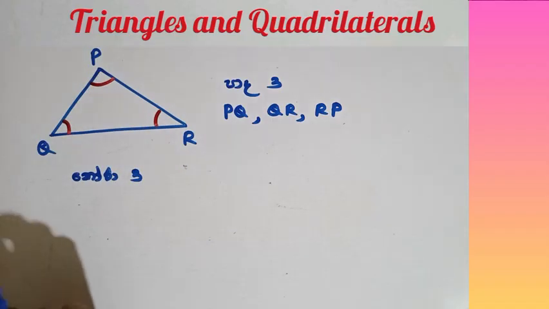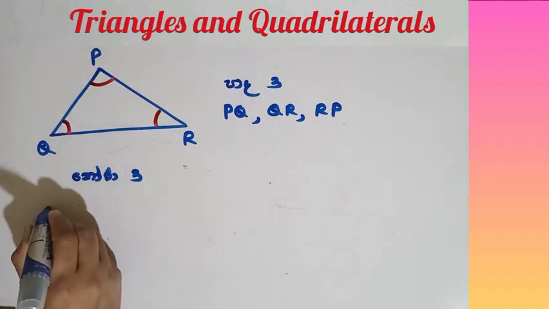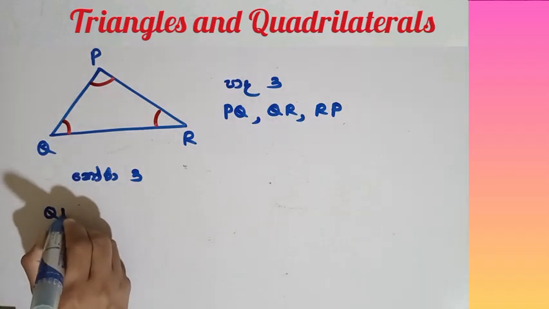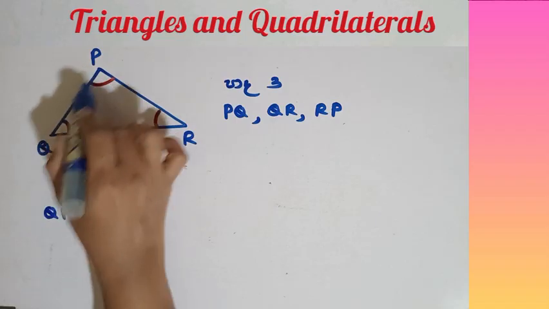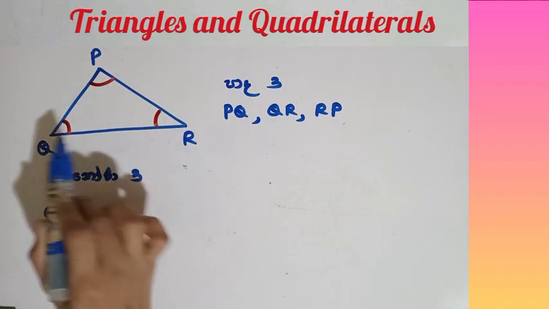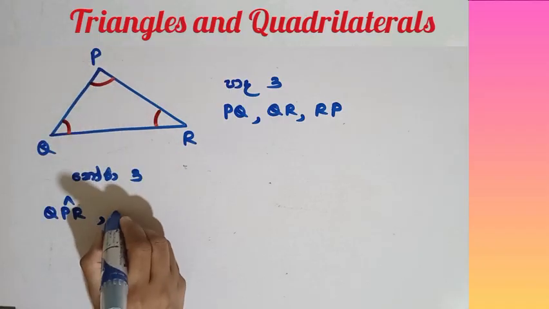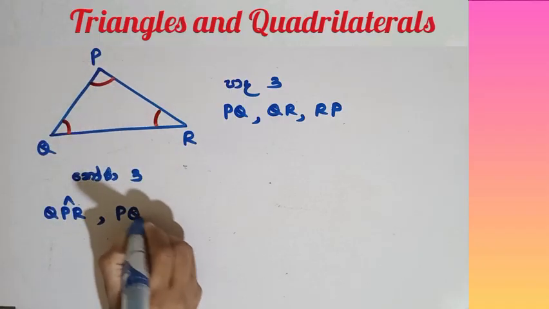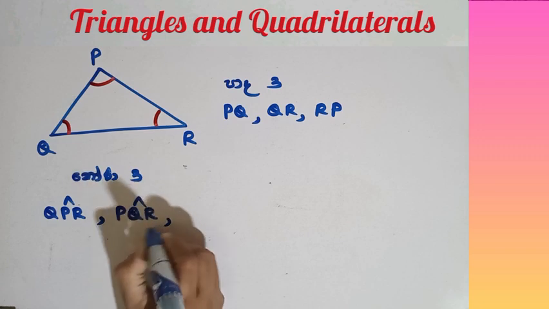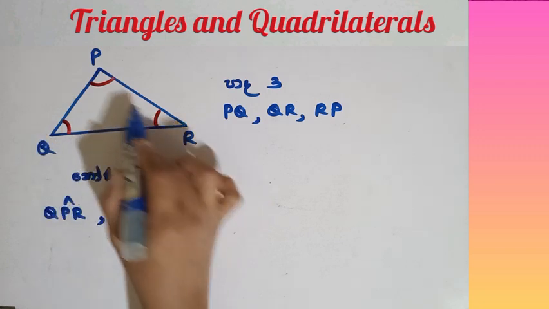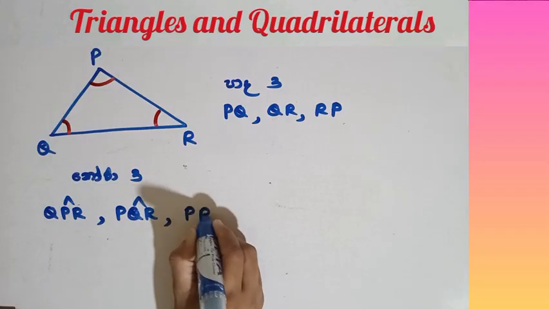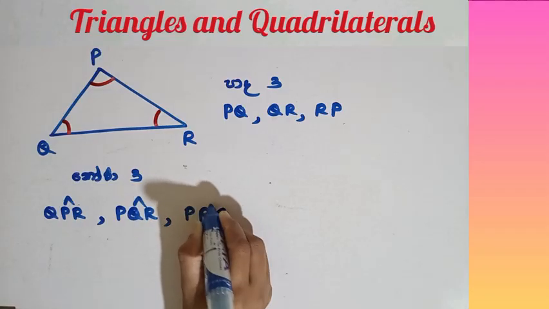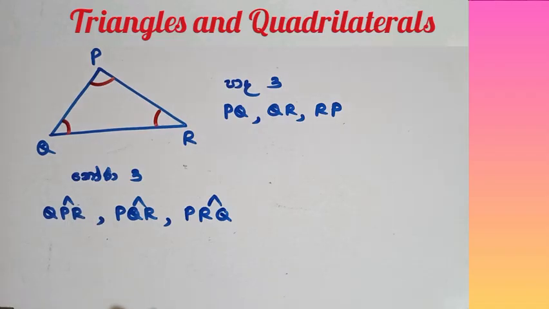So, let's take QPR angle. We can write in this way. Then what are the others? PQR angle, then the other one is QRP or PRQ. Three interior angles of the triangle.